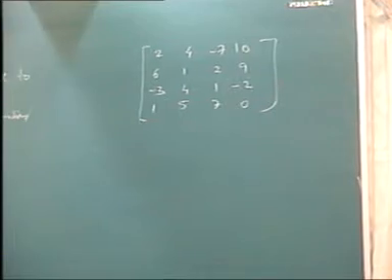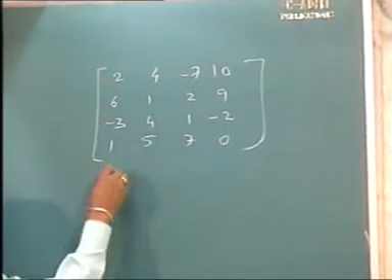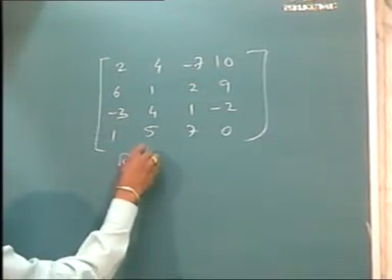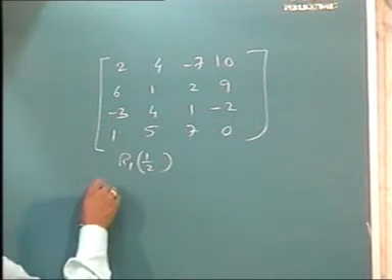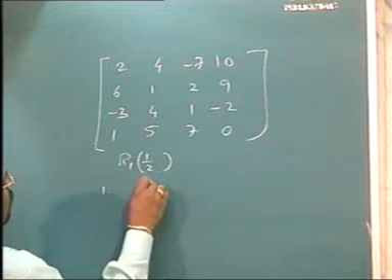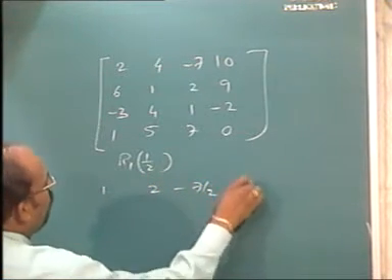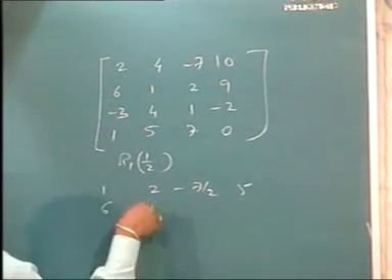We will be performing the operation like first row R1 should be divided by 2 first of all. 1, 2, minus 7 by 2, 5, बाकी सब वैसे ही.